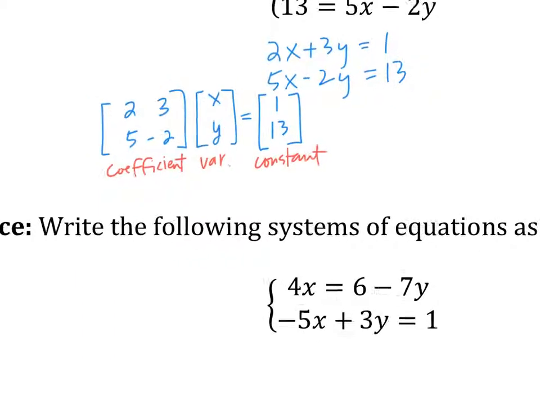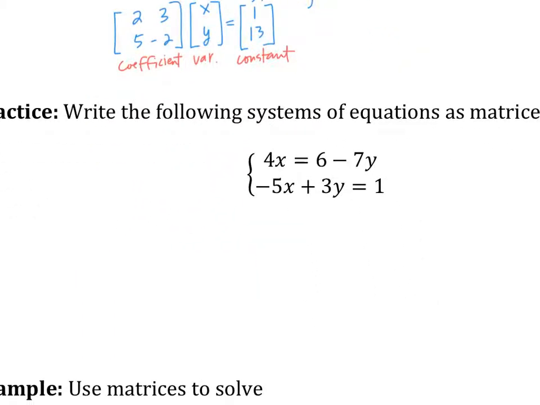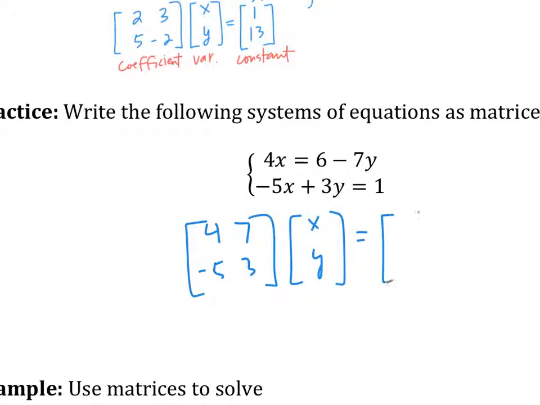All right, so this one becomes 4, 7, minus 5, 3, xy equals 6, 1.